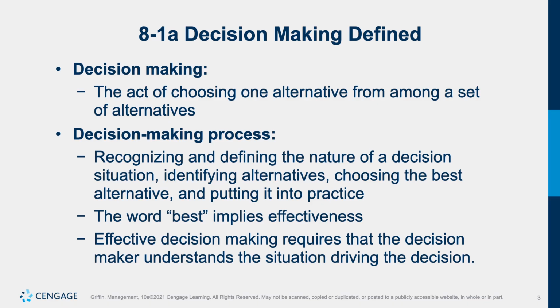Decision making basically is the act of choosing one alternative from among a set of alternatives, right? And what would you consider a set of alternatives? How do managers arrive at a set of alternatives? It depends on how much information is available to the manager, right?